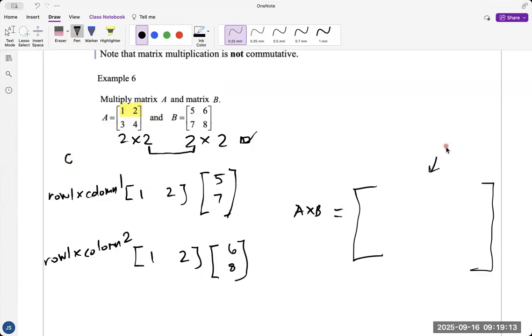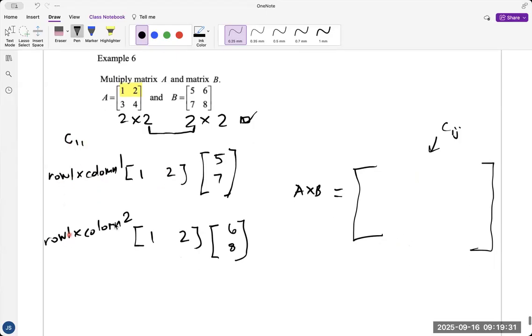These are the entries of the product, C's. When I get done multiplying row 1 times column 1, that's going to be entry 1, 1 in the answer. And when I get done multiplying row 1 times column 2, this will be entry 1, 2 in the answer, and so on.